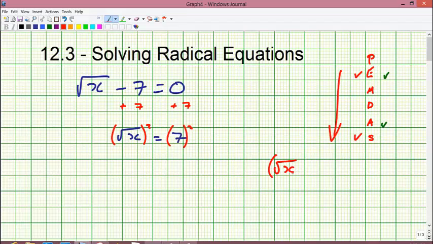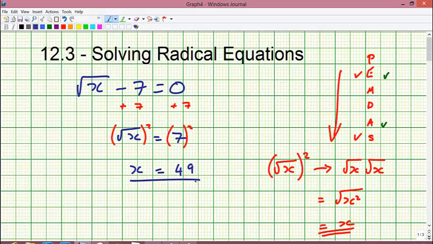So if you have the square root of x and you square it, that means you multiply it by itself: the square root of x times the square root of x equals the square root of x squared, which equals x. Okay, so squaring a square root will essentially remove the radical, but we have to do the same to both sides. So the square root of x squared is x, 7 squared is 49, and we have our solution.